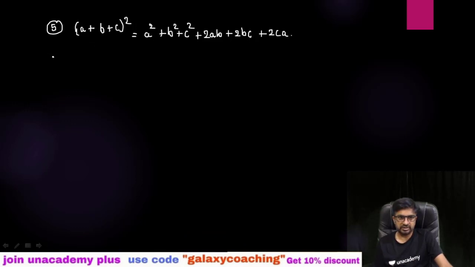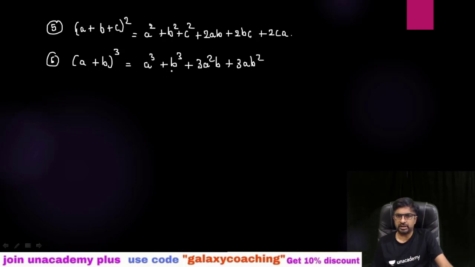If you multiply, you will get the same answer, guys. Okay, identity number 6, that is a plus b whole cube. Up till 8th class we had learned a plus b whole square. Now, at this time the answer will be a cube plus b cube plus 3a square b plus 3ab square.